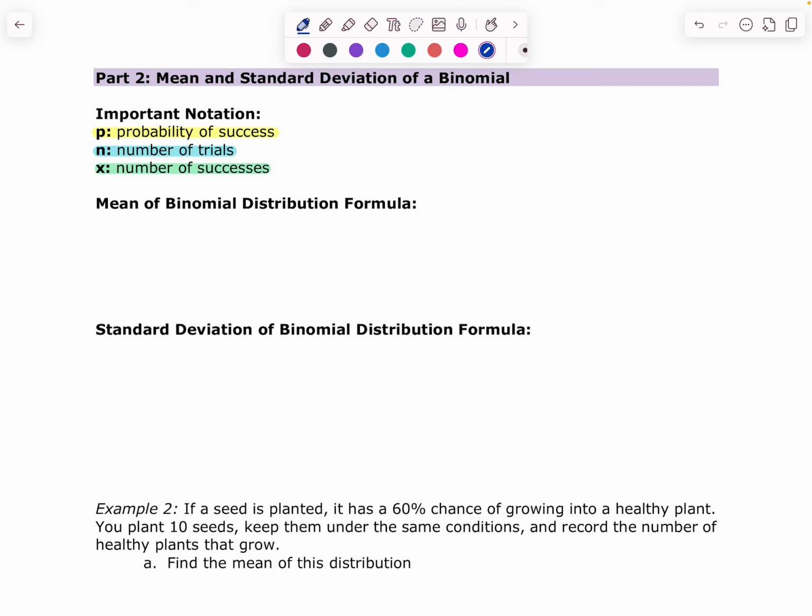So the formula for the mean of a binomial distribution is as follows. Mu equals the number of trials times the probability of success. You could also write this as np, but having the two letters next to each other implies multiplication, so I'll put that in parentheses.